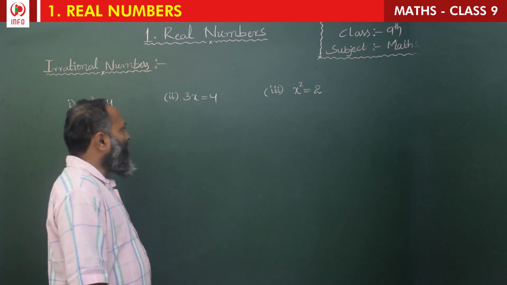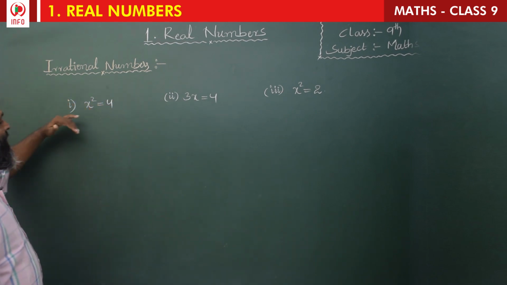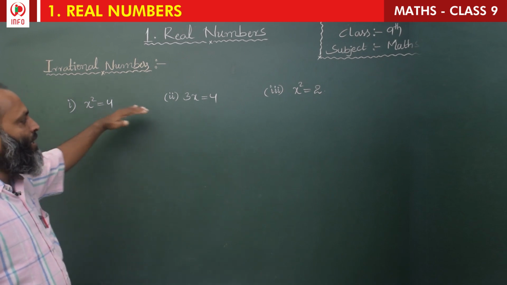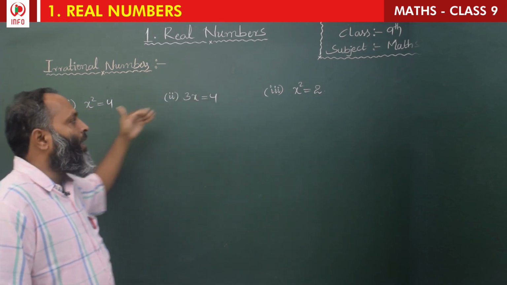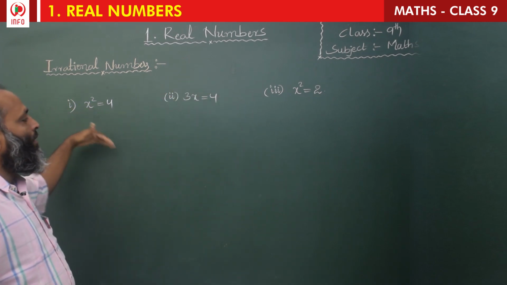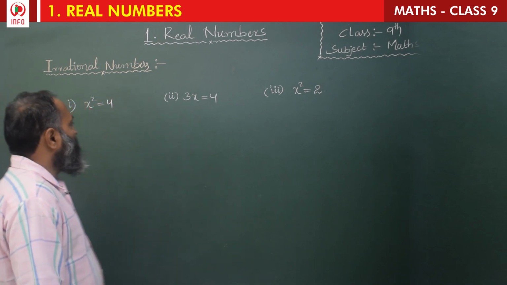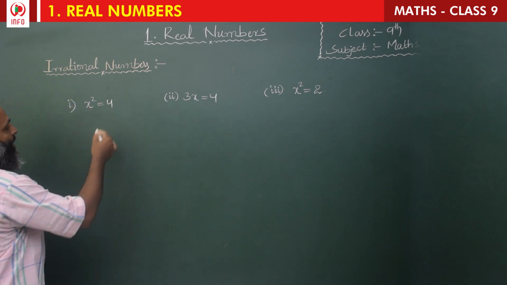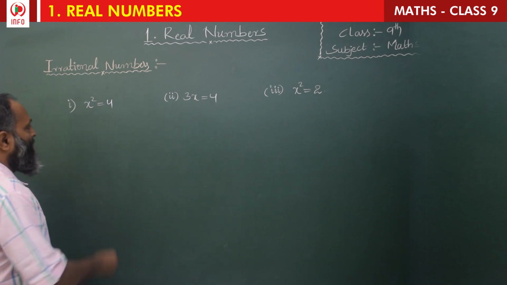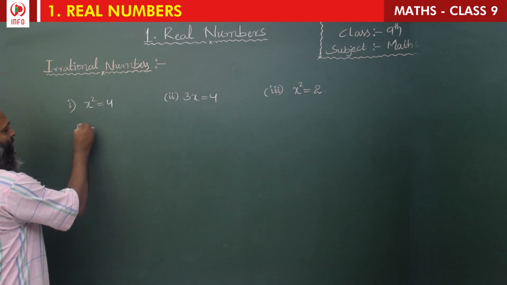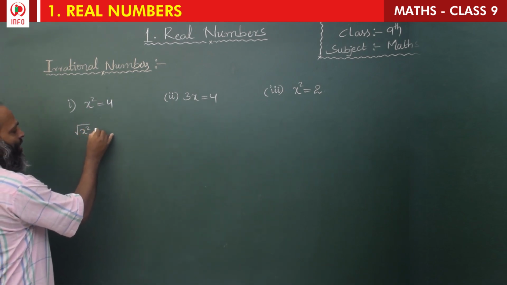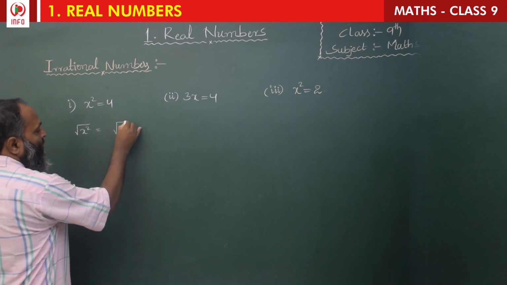Okay. Now, the first question: x square is equal to 4. Is it a rational number or an irrational number? If we take square root on both sides, square root of x square is equal to square root of 4.